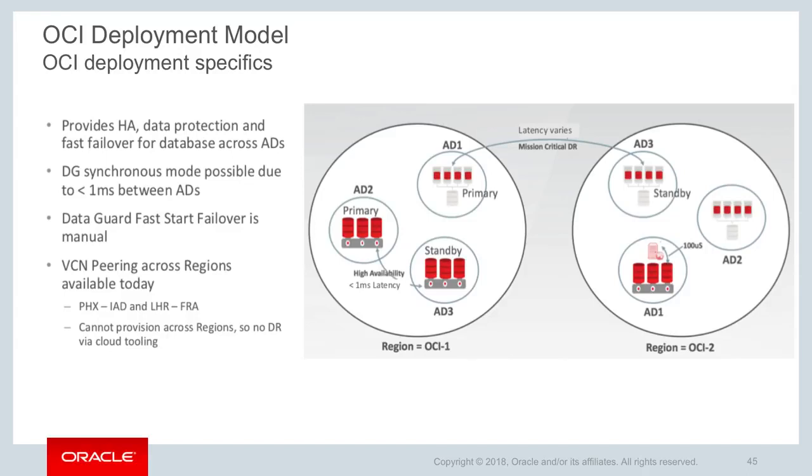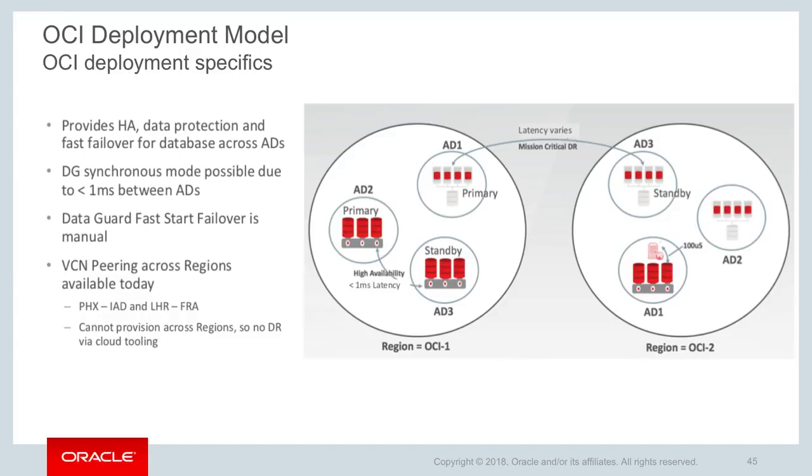Oracle Cloud Infrastructure uses a very fast network, and as a result of this, you can have Data Guard synchronous method of transporting your logs with the transfer time under a couple of milliseconds between availability domains. Please note, however, that the Data Guard fast start failover is manual.